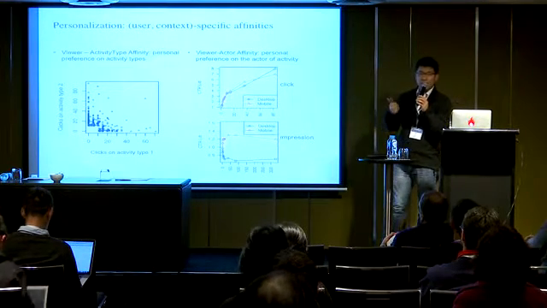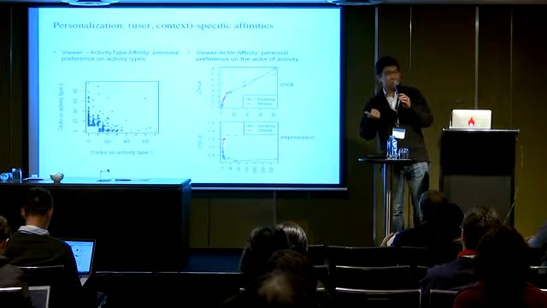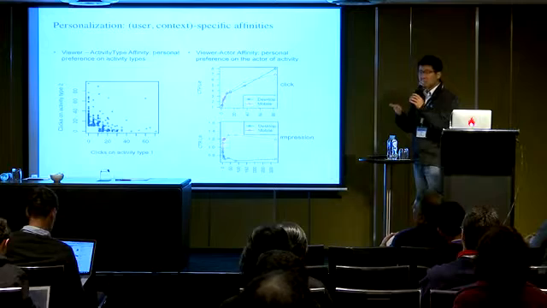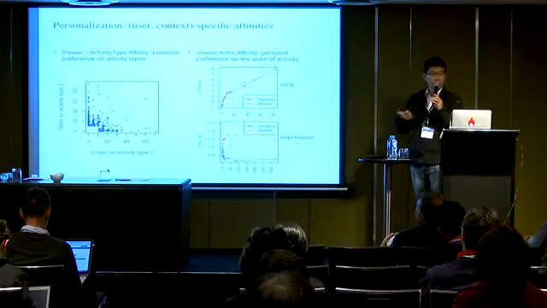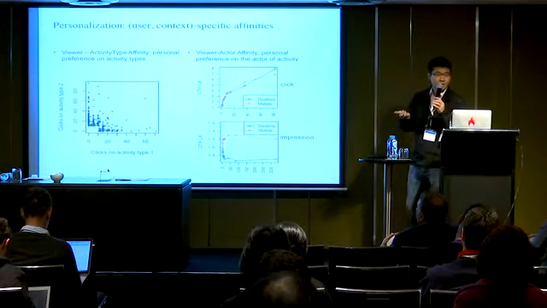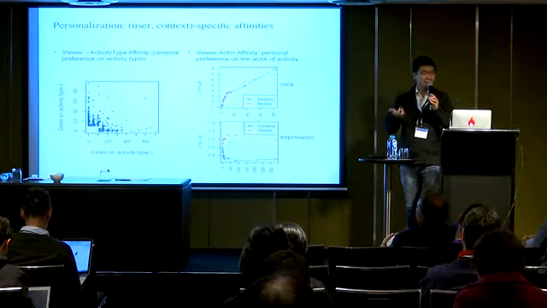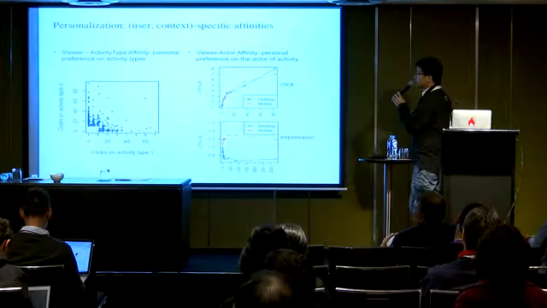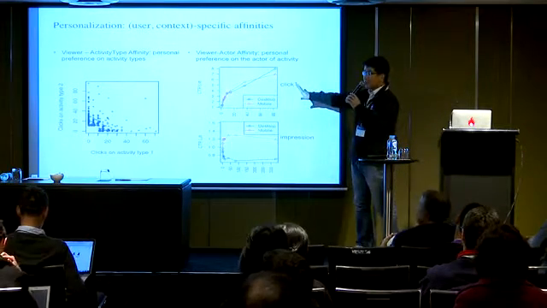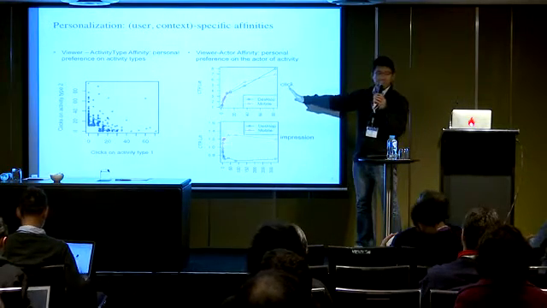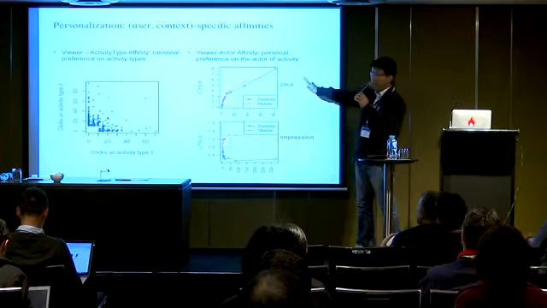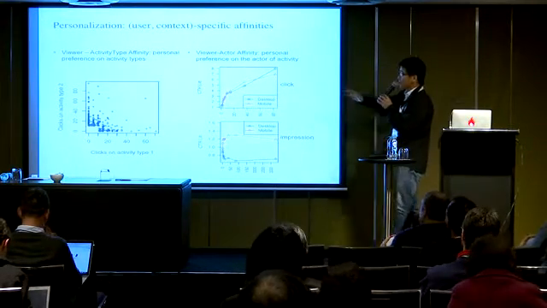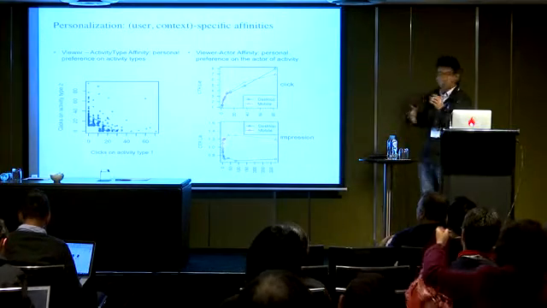The first one is the actor, the second one is the verb, and the third one is the object. For actor, we have actor type; for verb, we have verb type like comment, share; and for object, we also have object type like article, course, video, slides, and so on. All the actor type, verb type, and object type together make up the activity type. So the user may have a personal preference on the activity types.